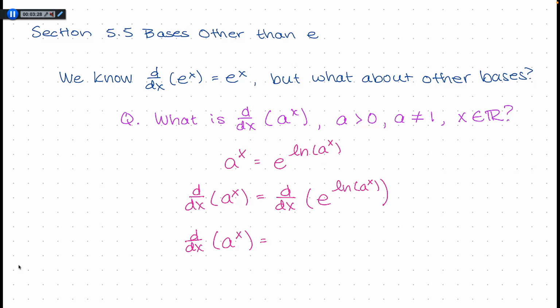Anybody remember how we think about chain rule? How would we take the derivative of e to the power of natural log of a to the x? Trey. Exactly. Remember, the derivative of e to the power is e to the power times the derivative of the power.